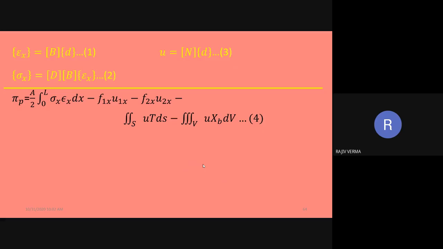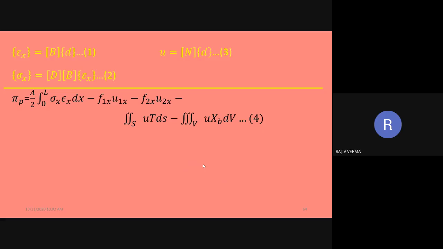So obviously, surface displacement is going to be represented by some polynomial, and the volume displacement is going to be represented by some other polynomial. Therefore, they are going to be two different polynomials. But in this particular case of the bar element, both these displacement polynomials happen to be the same.